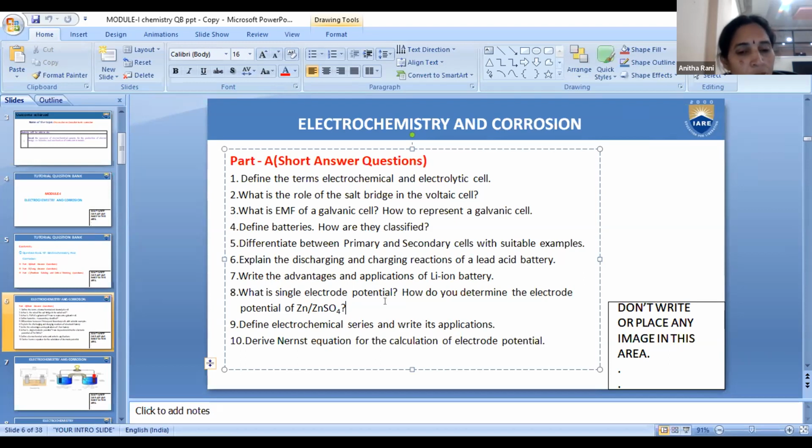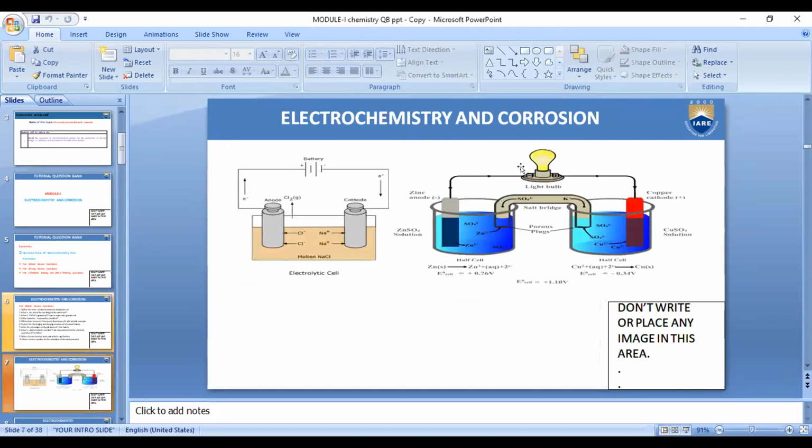So these two electrodes, how are you connecting them? SHE and zinc electrode, where will you connect?